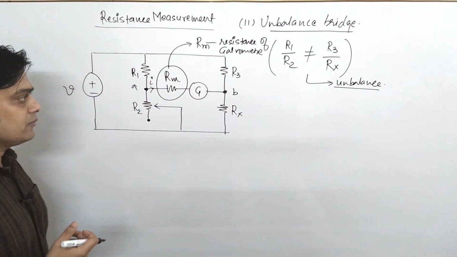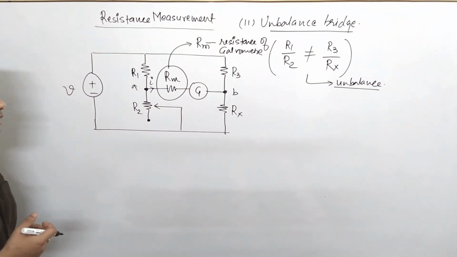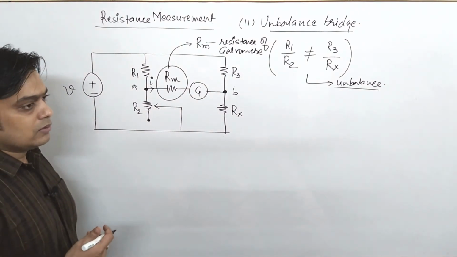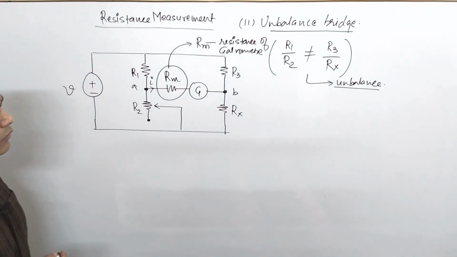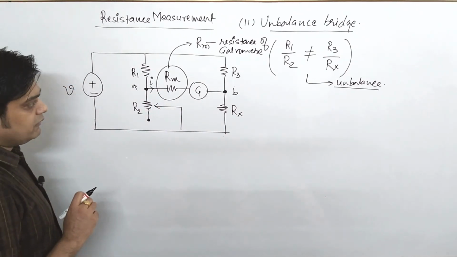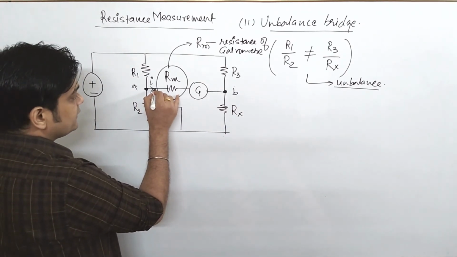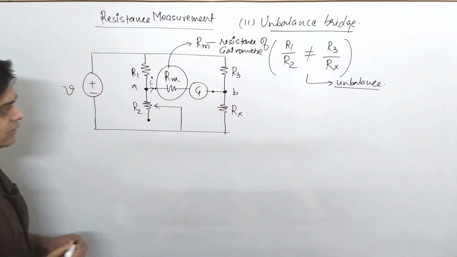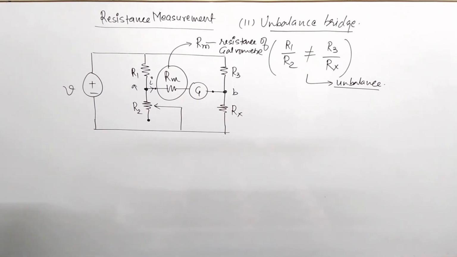So the question comes to how we find the value of I in this case. This is a new type of problem. Just keep in mind what we will do. We will find the Thevenin's equivalent at these terminals, or you can say at terminal AB.